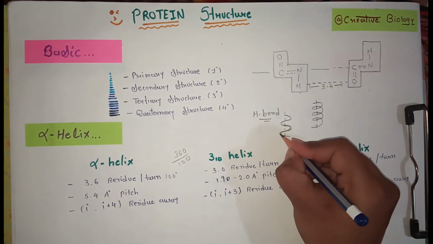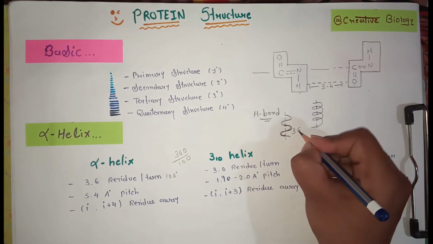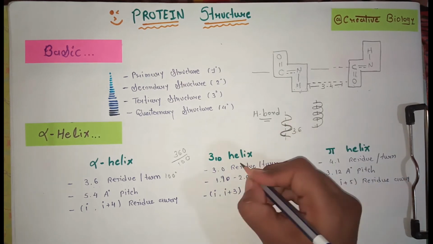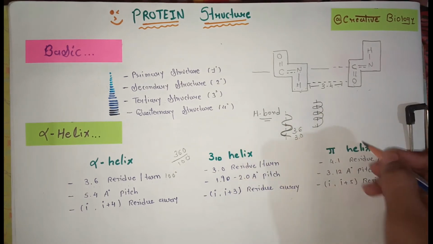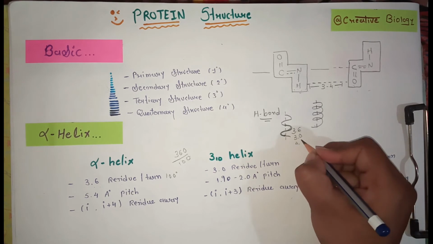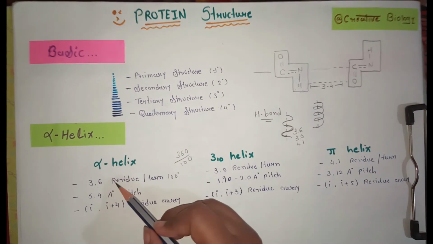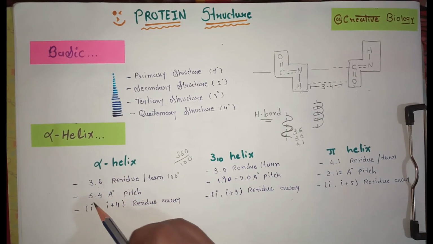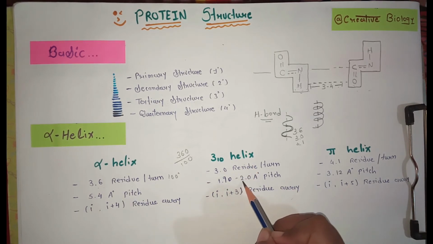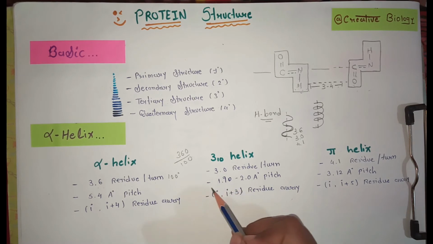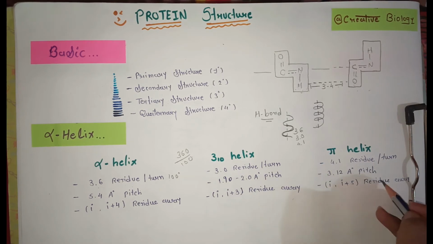Between this structure it includes approximately 3.6 amino acid residues, while the 3-10 helix includes only 3 residues, and the pi helix includes 4.1 residues. Now see here, the alpha helix has a 5.4 angstrom pitch, while the 3-10 helix has an approximately 2 angstrom pitch, which is very much less than that of the alpha helix, and the pi helix has a 3.12 angstrom pitch.